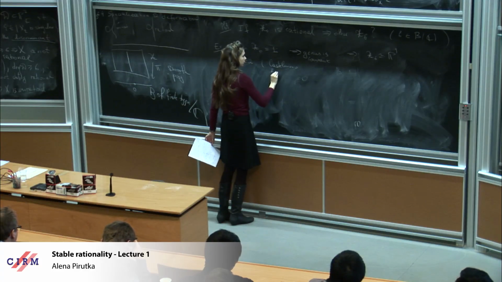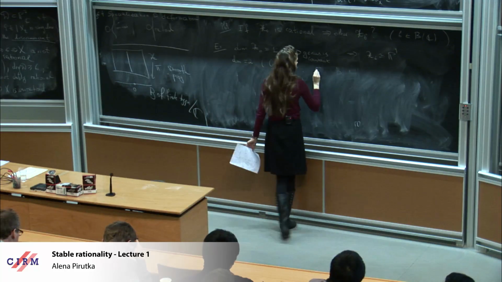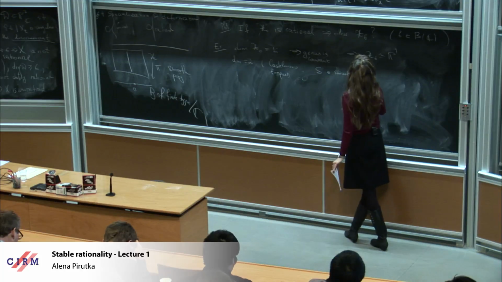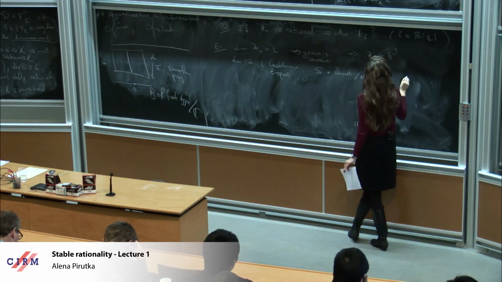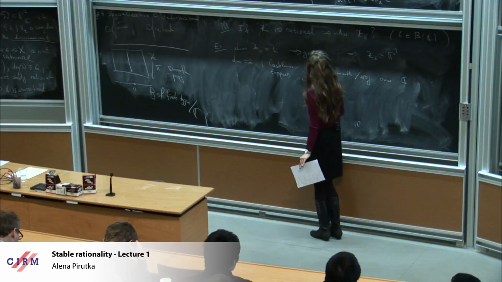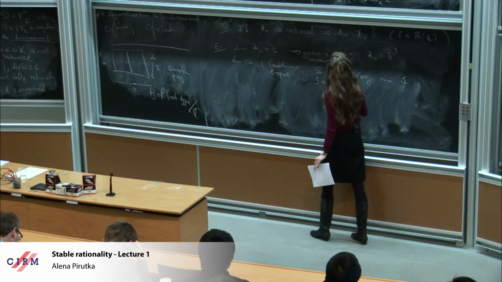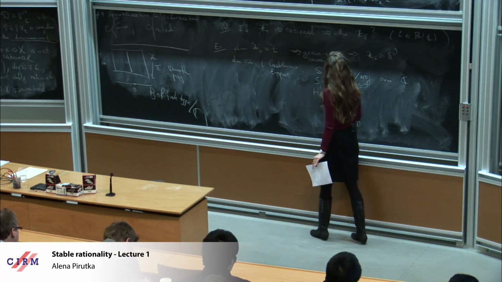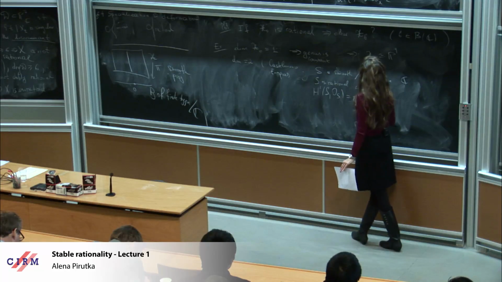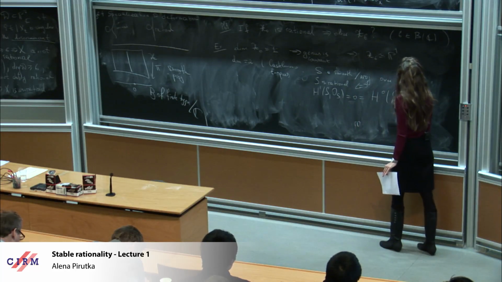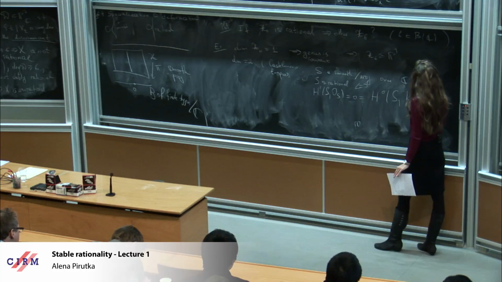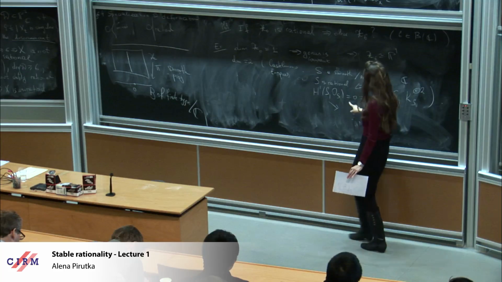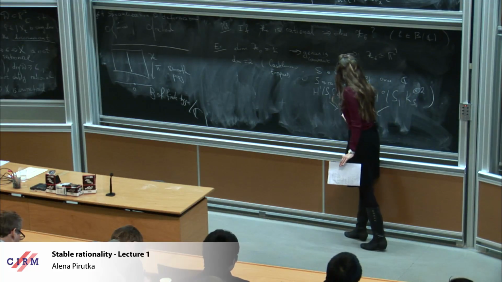If I consider S a smooth and projective complex surface, then S is rational if and only if those two cohomological invariants vanish. And the condition of being equal to 0 is also constant in families.